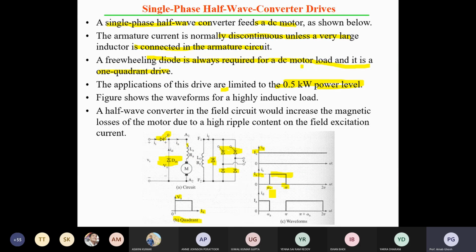A half wave converter in the field would increase the magnetic loss of the motor due to the high ripple content of the field excitation current. Why is it ripple? You can see the waveform looks like a square wave.